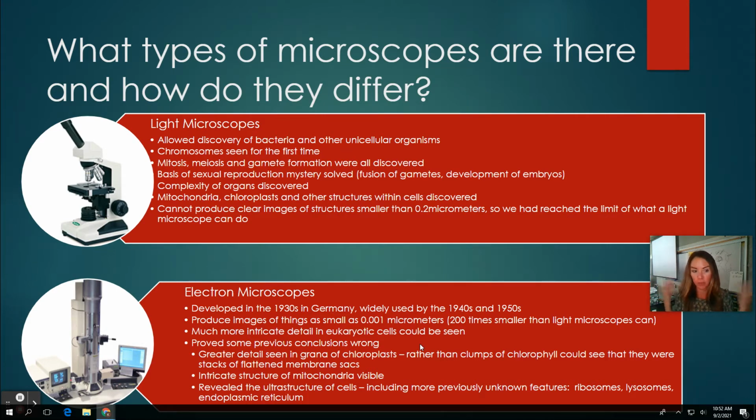That's the beauty of science. It's not just facts memorized, it's an ever evolving thing, right? So seeing chloroplasts in plants much more in depth, looking at mitochondria and the sections within the mitochondria, and then the ultrastructure, what we're going to be talking about here, right?